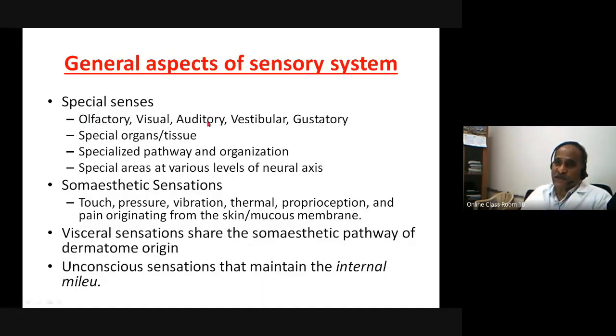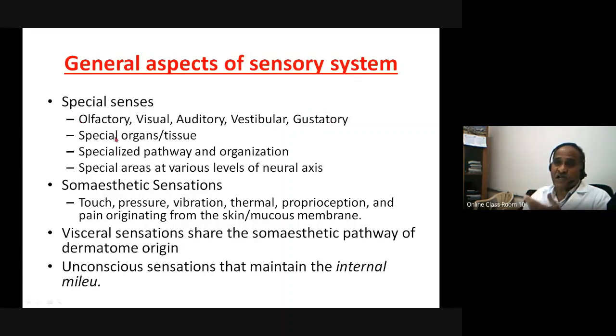All these things are spatial senses. Why are they spatial? Because they have a specialized organ system for each one of them. If you look at the olfactory system, the olfactory epithelium is there; visual, rods and cones; auditory, the cochlea; the vestibular system, the semicircular canals or the otolith organs; and the gustatory, the taste buds in the tongue.